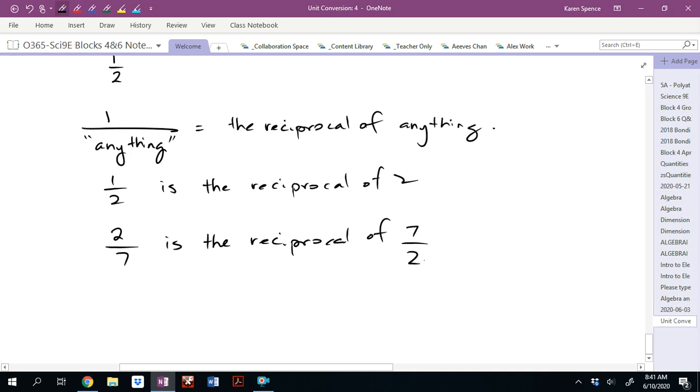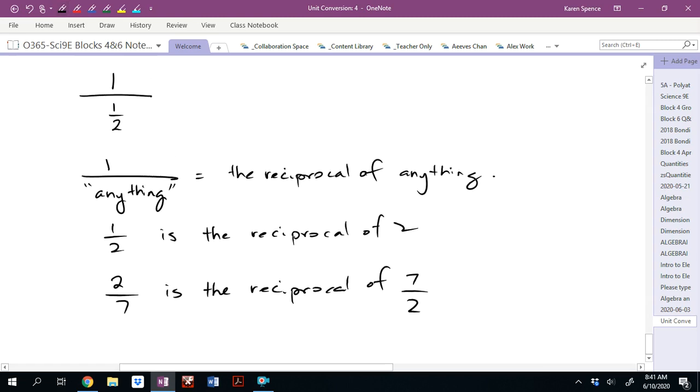So all I'm doing is flipping the whole thing upside down when I have the reciprocal of something.